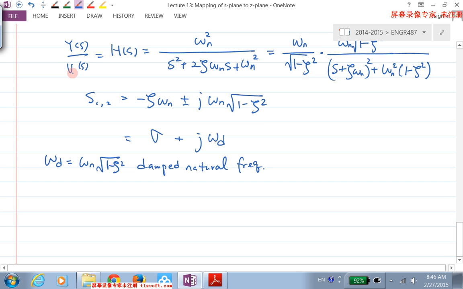When your input is a step, that's the step response. By changing zeta and omega n, you will have different response curves for the impulse and step. Then we can summarize some of the natures of the typical second order system. The first one is the impulse response.